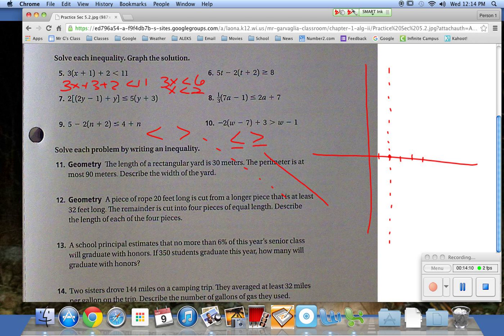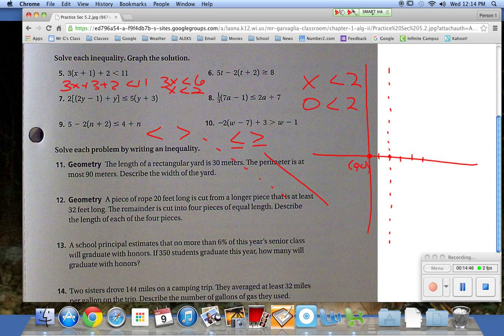Okay. Here's what you can do, and always remember this. As long as the line doesn't go through this origin point of 0, 0, we can use that point as a reference to see which side of the line we're going to shade. Because if I put 0 in for x, and I have x is less than 2, if that's true, then whatever side that point is on is the side we shade.